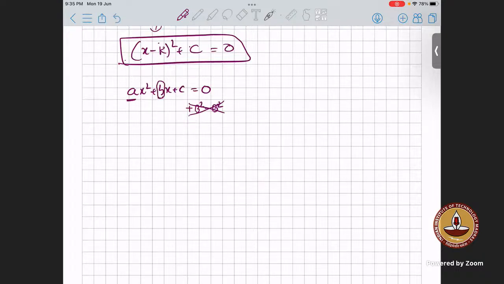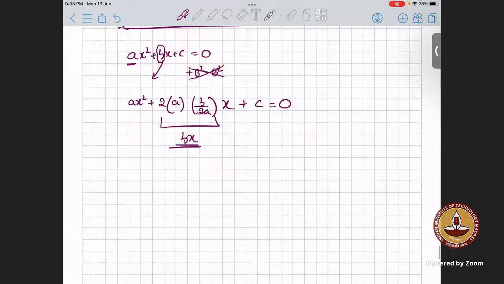Now we can write this b as 2 into a into b by 2a into x. Agree? The whole thing cancels 2a to a, bx only, plus c equal to 0.